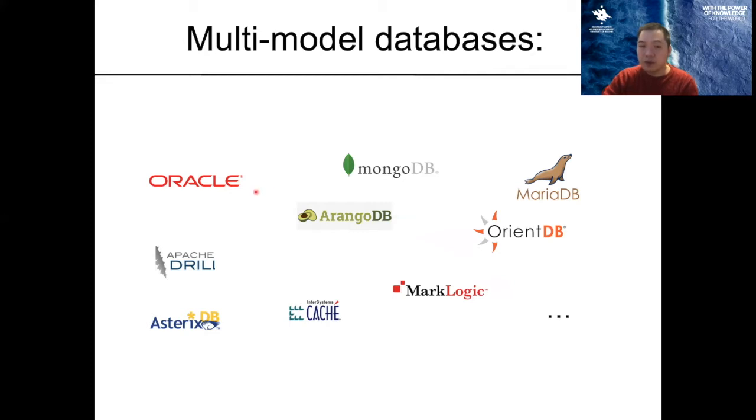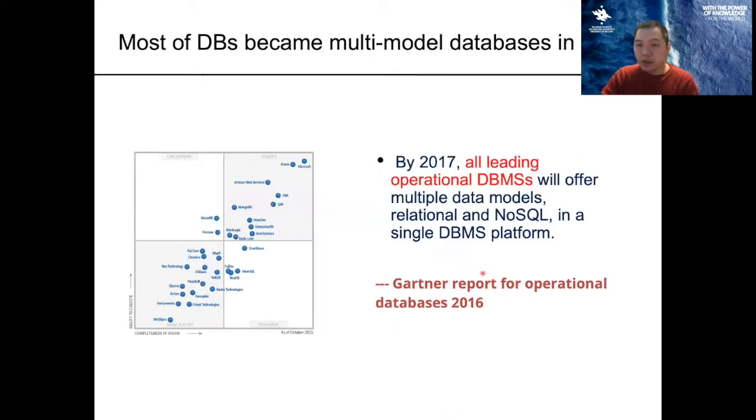To name a few, the Oracle 12c, the ArangoDB, and the OrientDB, etc. Based on the Gartner report for Operational Database 2016, by 2017, all leading operational DBMS will offer multiple data models, relational and NoSQL in a single DBMS platform.